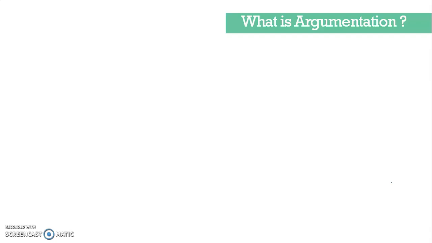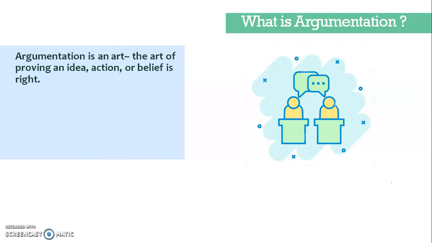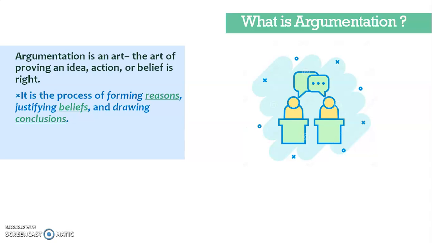First of all, let's try to understand what is argumentation. Argumentation is like an art. The art of proving an idea, action, or belief is right. It is the process of forming reasons or justifying beliefs and drawing conclusions.